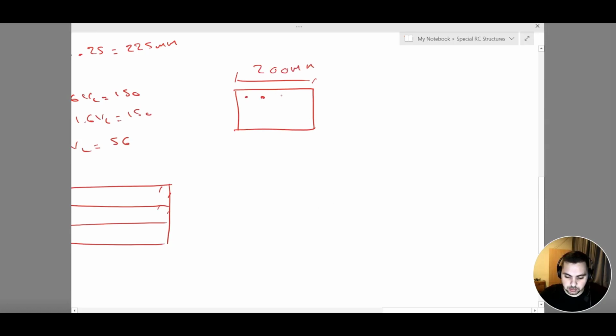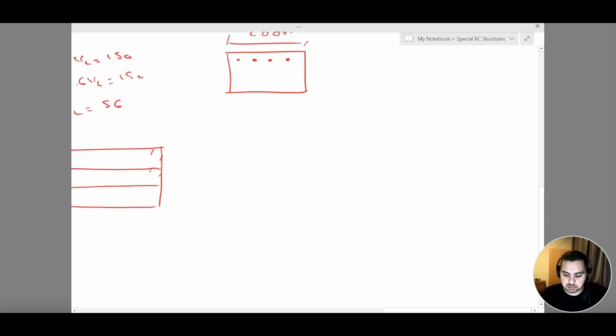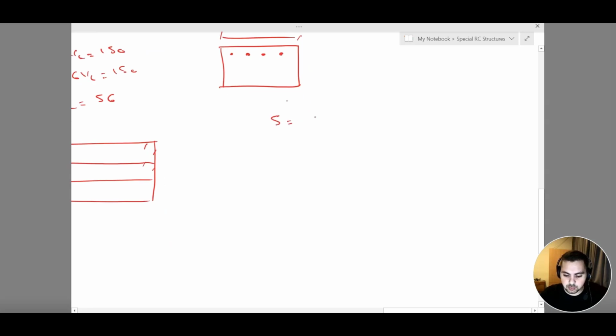1, 2, 3, 4. So we need to make sure that this spacing that I have here is adequate for my concrete to smoothly pass through this spacing and for it to not segregate. So to do that, we need to find the spacing, and my spacing is basically 200 minus the cover, which is 2 times 25, so 50, over the number of spacings that I have, 1, 2, and 3.